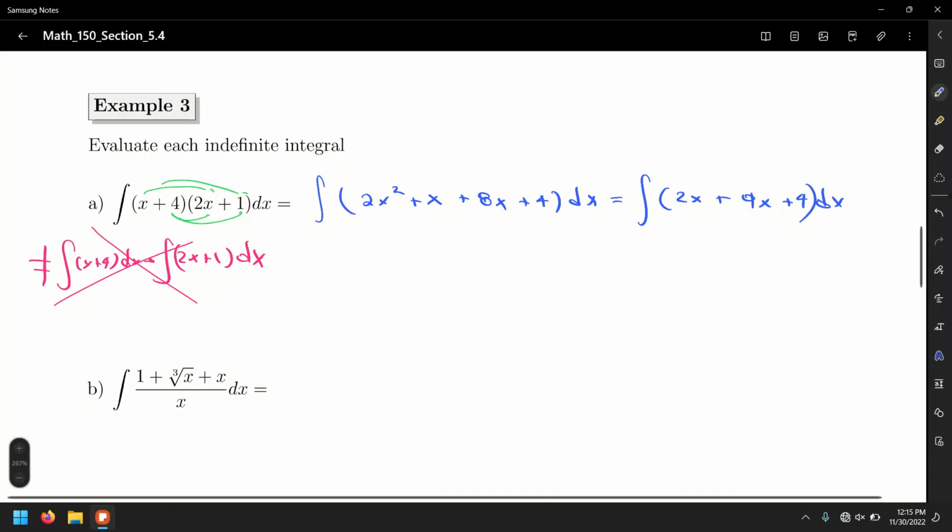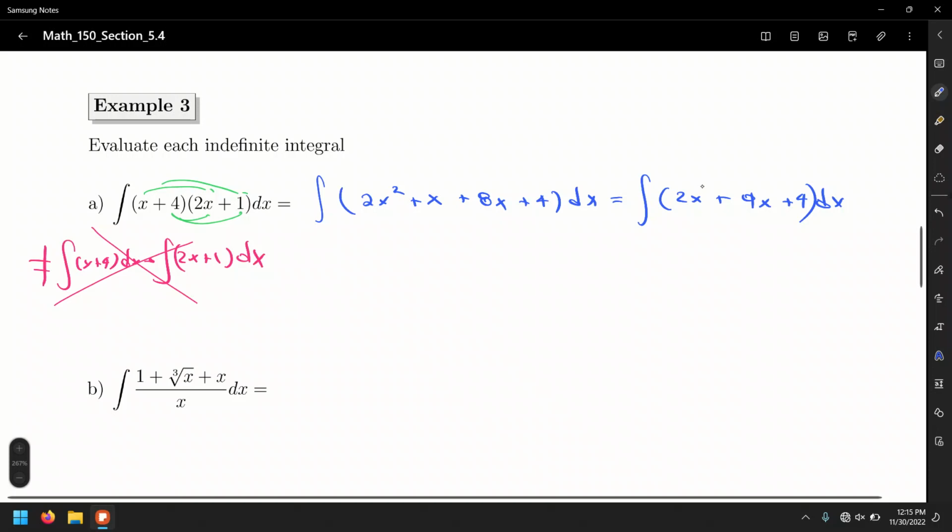And again, my advice is to write it as one single integral for every single term. I know if at this point you already feel comfortable with just integrating every single term in your head, that's fine. Just make sure that you know what you're doing when it comes to a quiz or an exam.